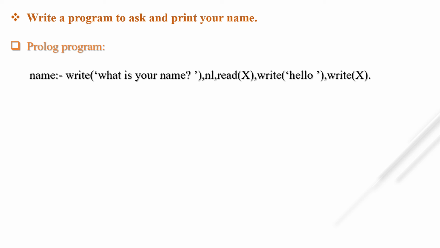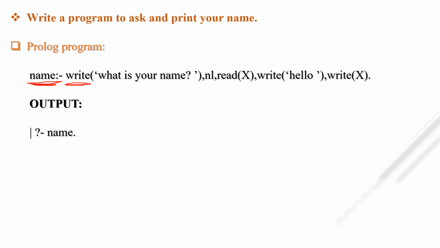So next program is to ask and print the name with the help of Prolog. Whenever you want to enter a particular character or string from the keyboard, you have to start with any one atom. Suppose I am using an atom name, then I have to write colon and hyphen. Then, similar to Java, for printing we use write.